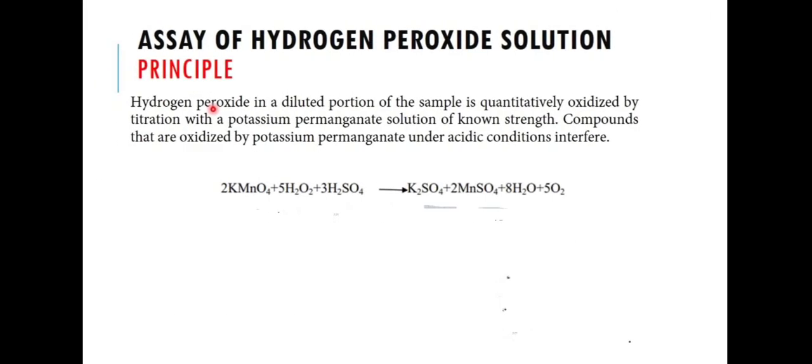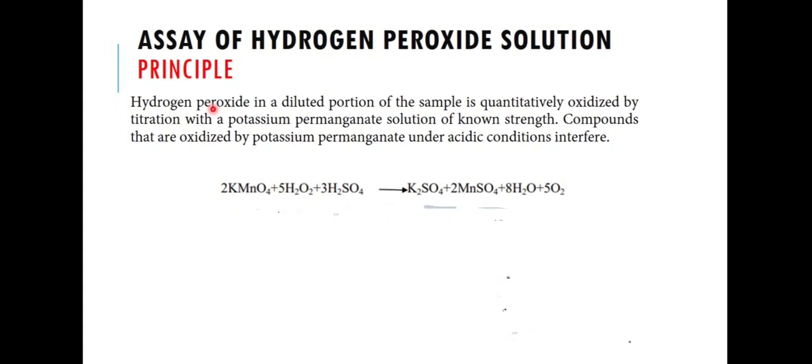The principle: hydrogen peroxide in a diluted portion of the sample is quantitatively oxidized by titration with a potassium permanganate solution of known strength. Compounds that are oxidized by potassium permanganate under acidic conditions interfere. 2KMnO4 + 5H2O2 + 3H2SO4 gives K2SO4 + 2MnSO4 + 8H2O + 5O2.